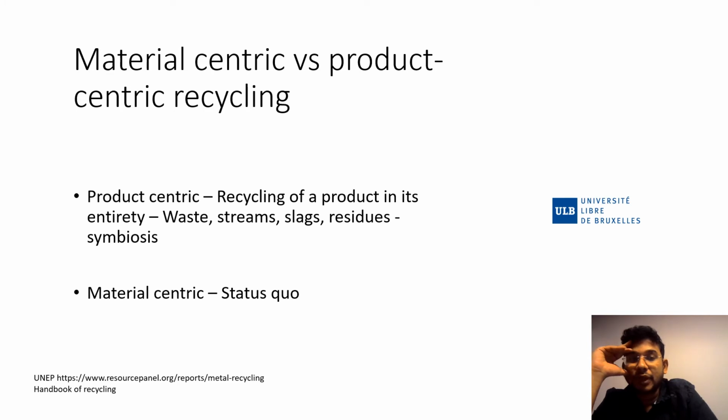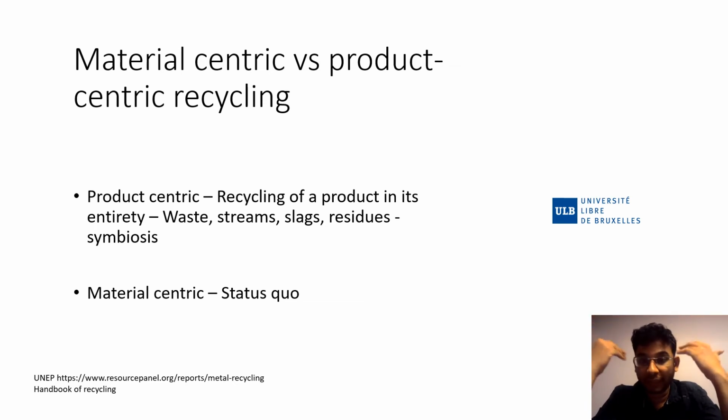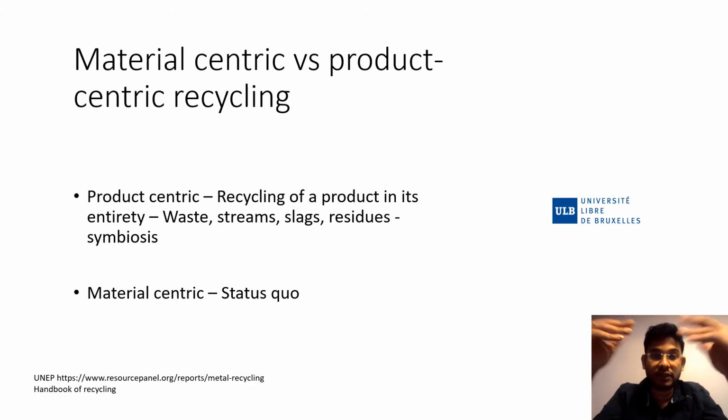So the advocacy is that rather than focusing on this status quo of material-centric recycling, let's take a product and consider the product in its entirety and design a holistic recycling process from which we could gather all the important metals that are present in the product, and then let's try to go from that back to the product so that we can have this closed loop circular economy. So that's where the advocacy or the policy lies.